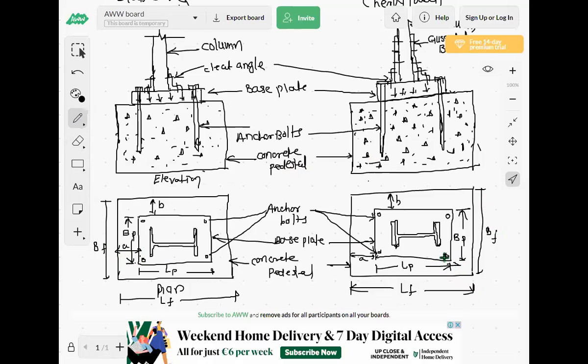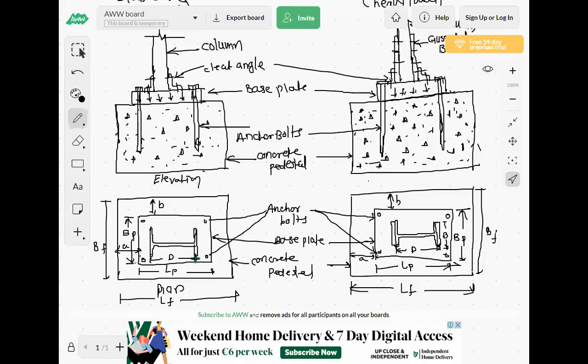Draw the sketches. Again, if you see here, this is the depth of the I section, and this is the width of the I section. So capital D is the depth of the I section, and this capital B is the width of the I section.